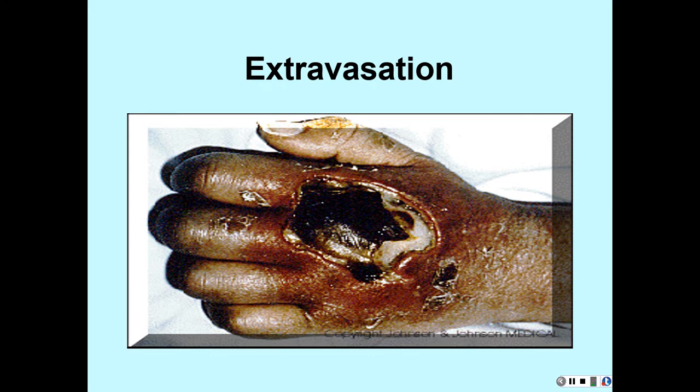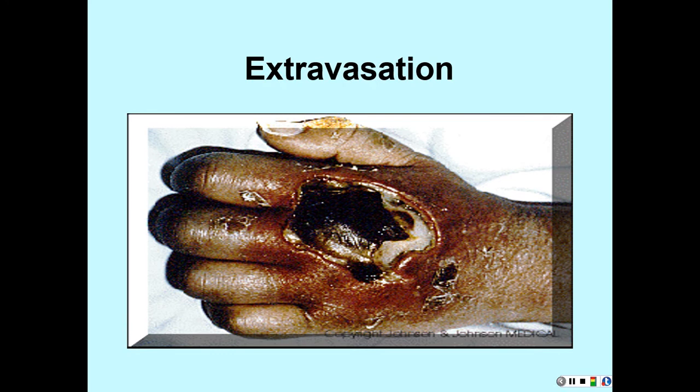So, okay, this is something that you do not see immediately. You don't just make a round 1 hour later and this is what the hand looks like, okay? You usually will have signs that it's infiltrating, and then you immediately have to intervene. But what happens is the patient will have complaints of pain at the site.